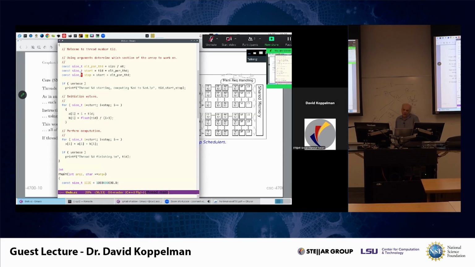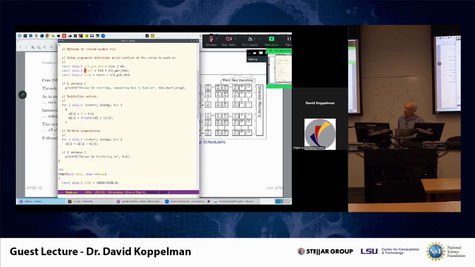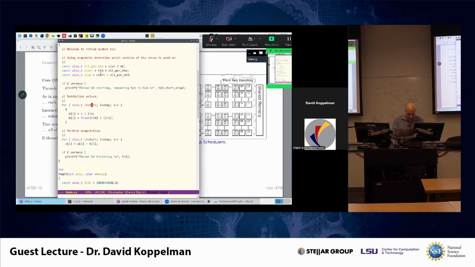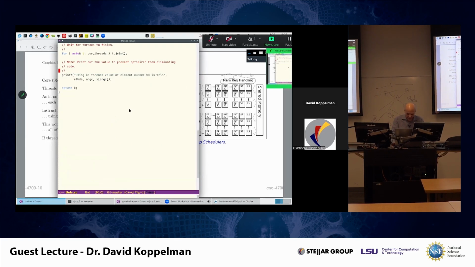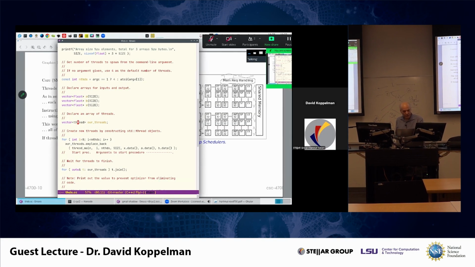So the thread starts, and the idiom that we use a lot is compute the bounds on your work, a start and a stop. Then when you execute loops, use that start and stop. How is it computed? It's done using a thread ID. And since this is from the C++ library, we simply declare a vector of threads, from the C++ standard library.